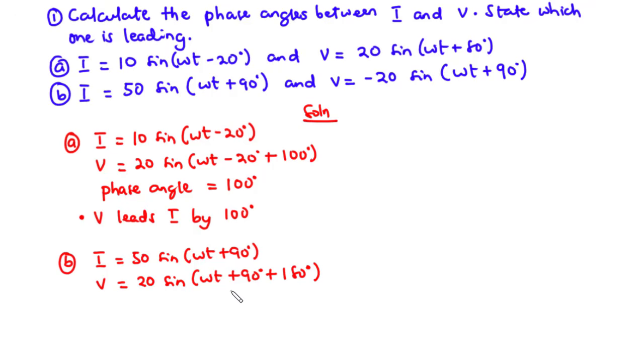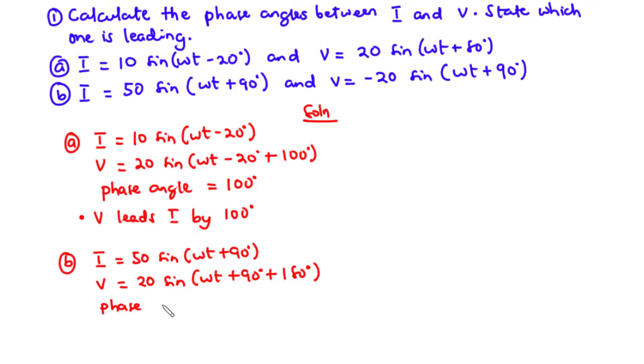So that becomes omega t plus 90 degrees plus 180 degrees. Now when you compare the two signals, you realize that we have 90 here. Now the difference between the two signals is 180 degrees. Therefore, we say that the phase angle between the two signals is 180 degrees.